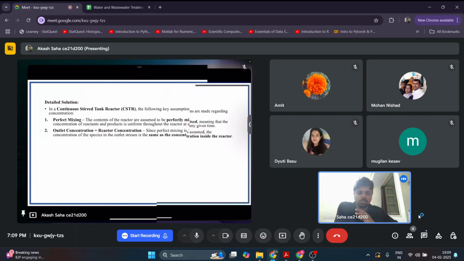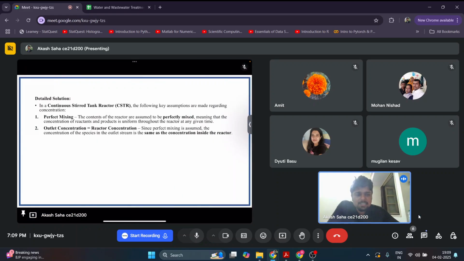Since perfect mixing is assumed, the concentration of the species in the outlet stream is the same as the concentration inside the reactor. Now the next, steady state operation. Unless specifically mentioned that it's in a transient state, that is, changing with time, a CSTR is typically assumed to be operating at steady state, meaning that the concentration inside the reactor does not change with time.